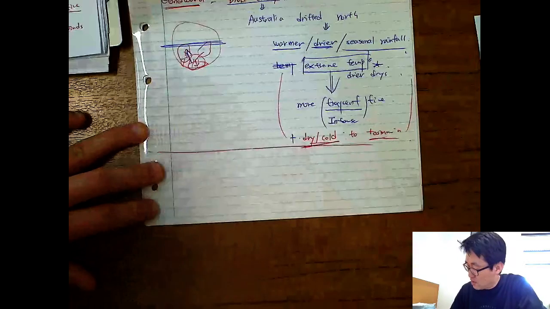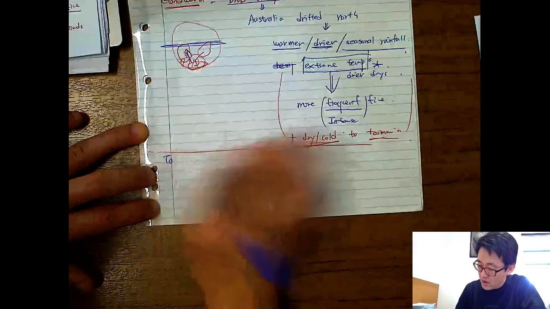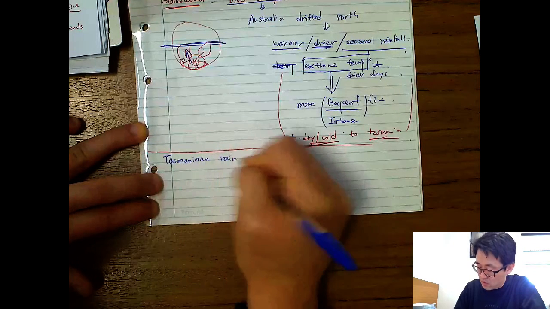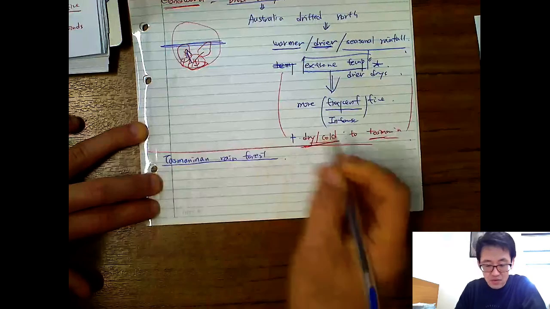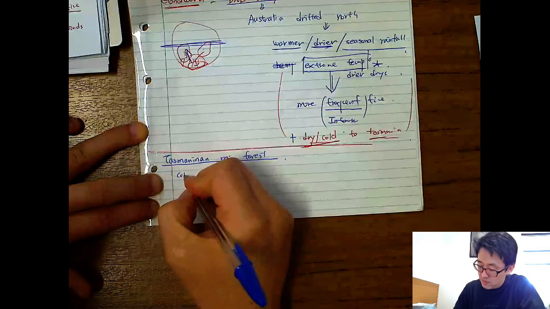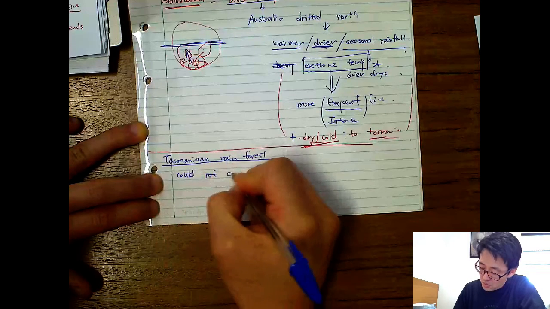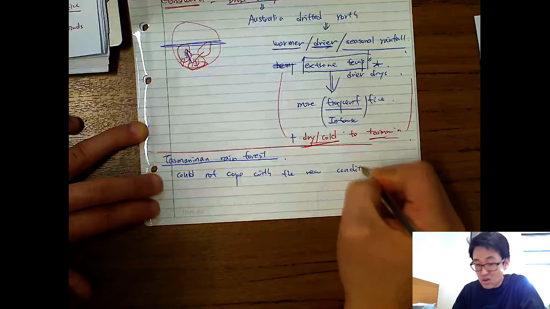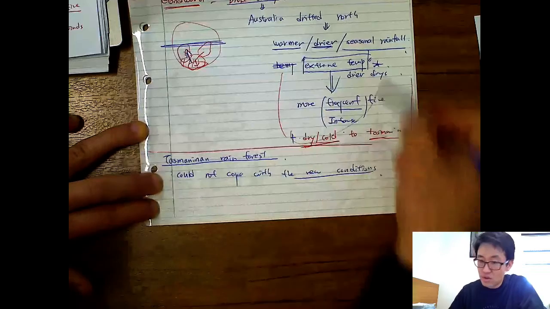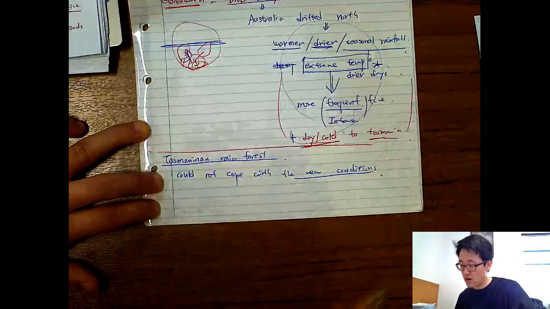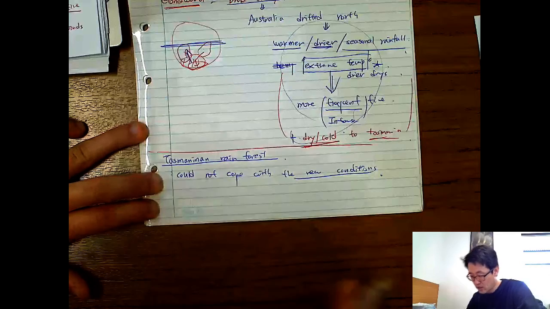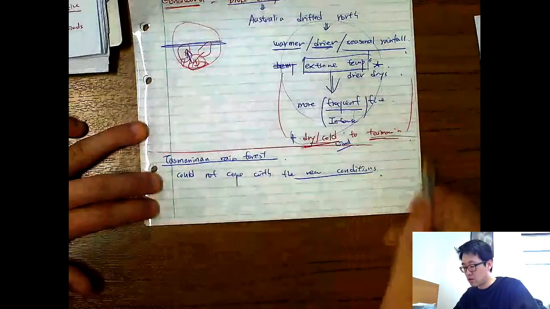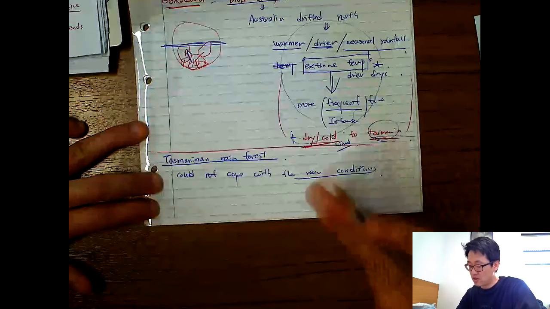And then what happened to Tasmanian rainforest? What's your guess? They could not cope very well with the new conditions. What are the new conditions? This whole thing, yeah. Drier, seasonal rainfall, warmer, extreme weather, and then dry, cold wind from Antarctica to Tasmania, because Tasmania is close to Antarctica.